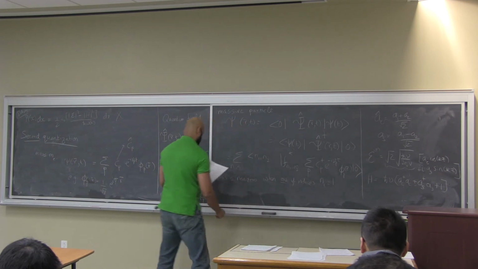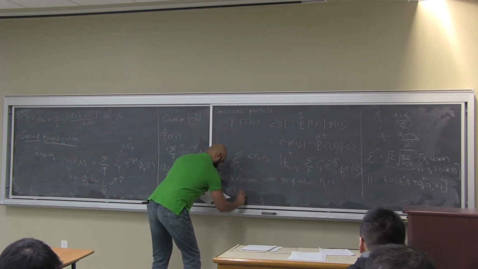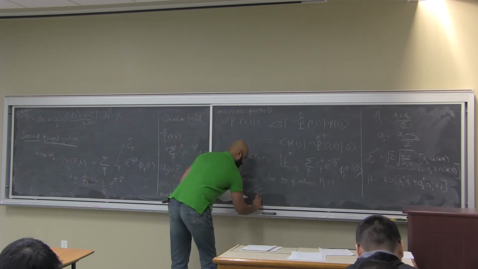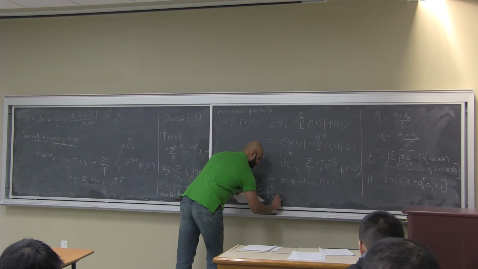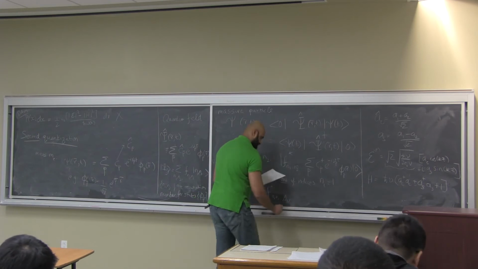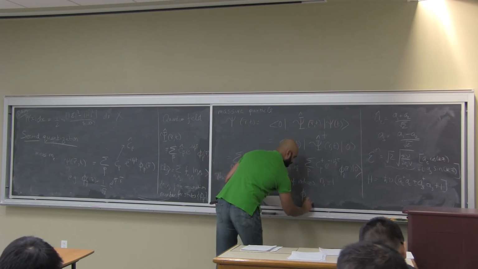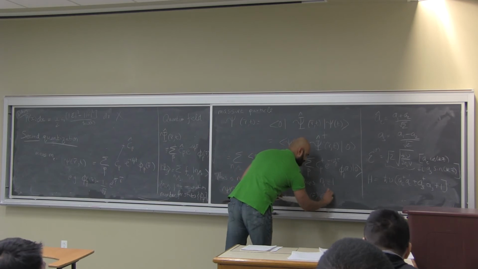So then psi of r,t is the summation over i of the amplitude for the ith state of the system, phi_i of r times e to the minus i mu_i t.